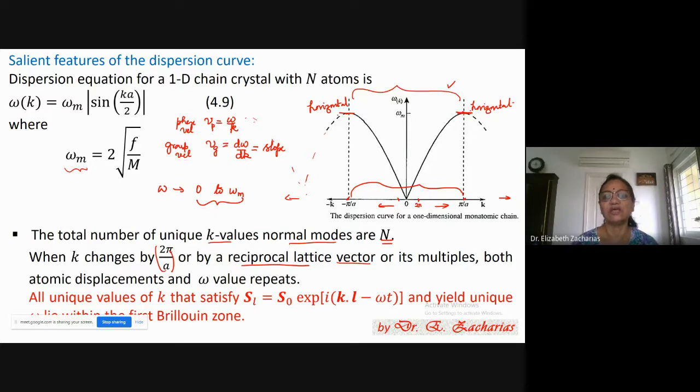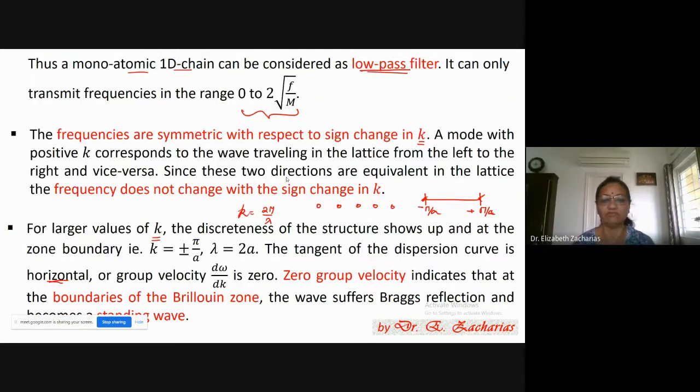Now look at this. When you reach here at the end of the Brillouin zone borders, you find that the slope is 0. At plus and minus pi by a, the slope is 0. Slope is 0 means the group velocity is 0. The group velocity of the waves becomes 0 at the borders of the first Brillouin zone. So that's the meaning of the sentence.